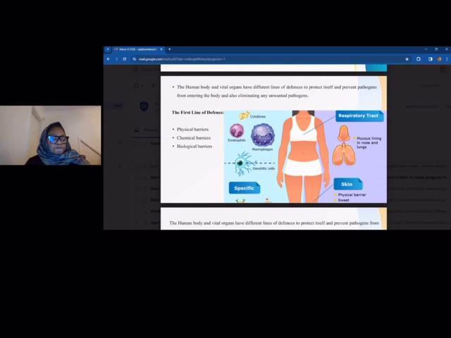The layer beneath is mainly made up of fats, connective tissue, large blood vessels, and all of that. So we've got the first line of defense: physical barriers, chemical barriers, and biological barriers.